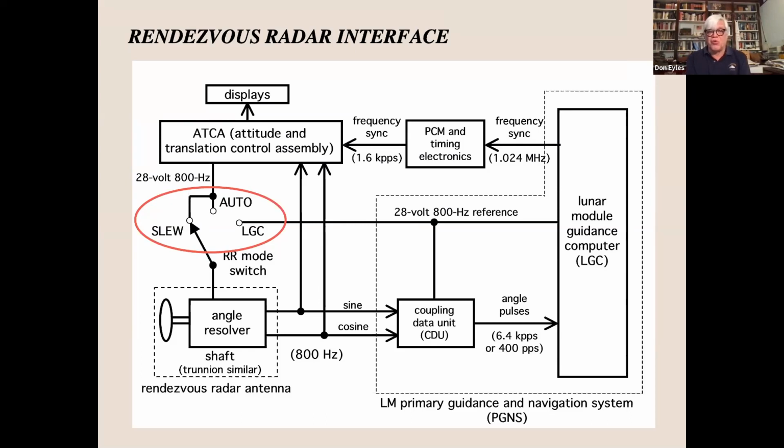But the radar was on, and the switch, according to the checklist, was in the slew position. At one point, it was switched to the auto position. What that meant was that the angle resolver at the lower left was being given a reference signal that was incompatible with our system, with the primary guidance system.